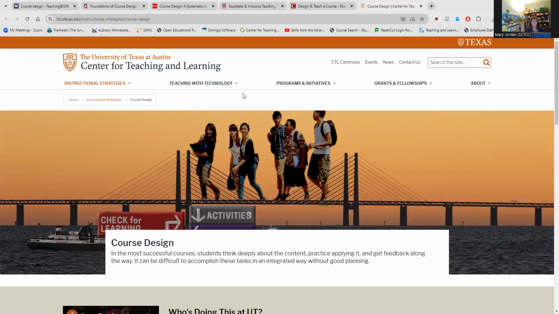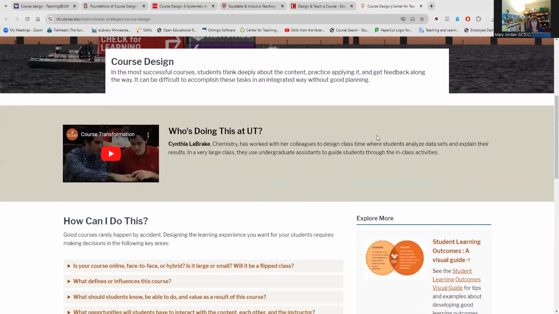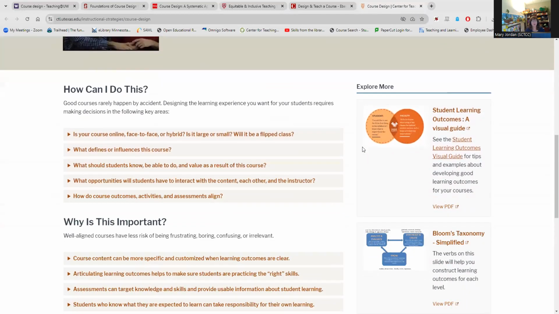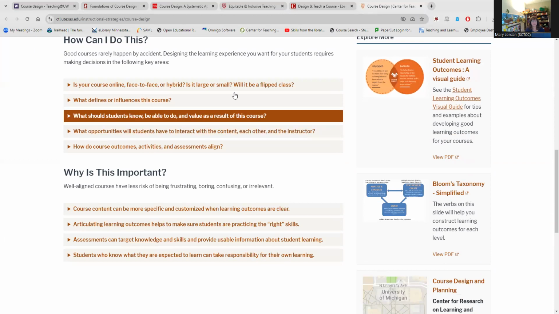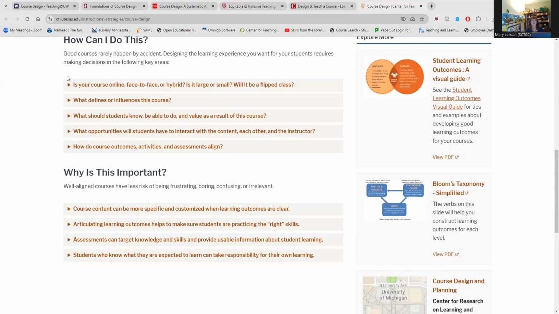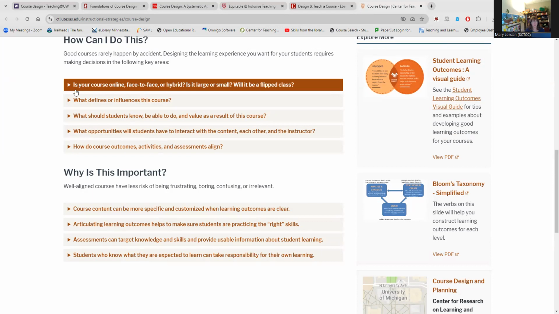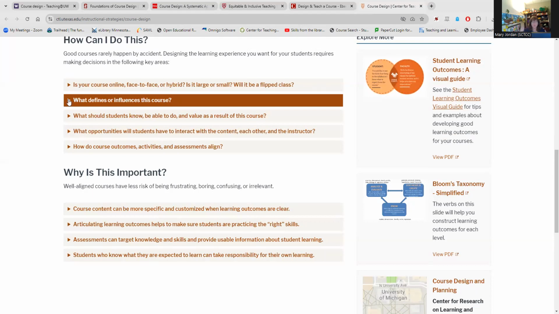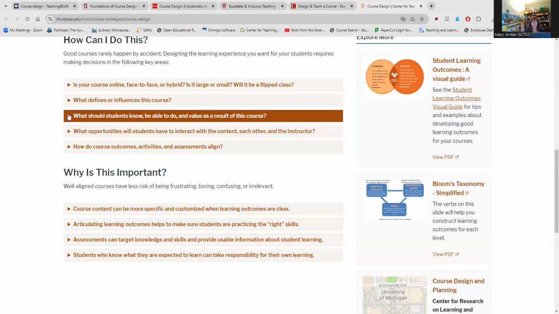Okay, again, this is the University of Texas at Austin. This is short. They don't have a ton of information, but I kind of liked this. I like the way that they walk through it. So you start by, what do I do first? All right, now I start here. Now what am I trying to do? What do my students need to do?